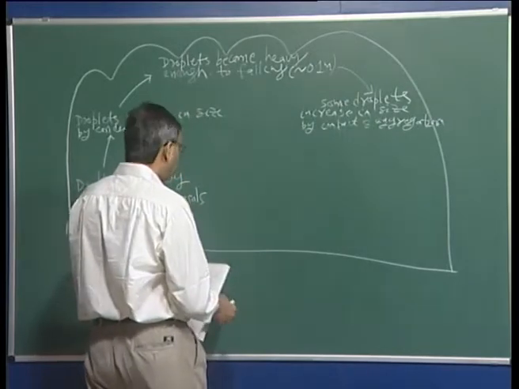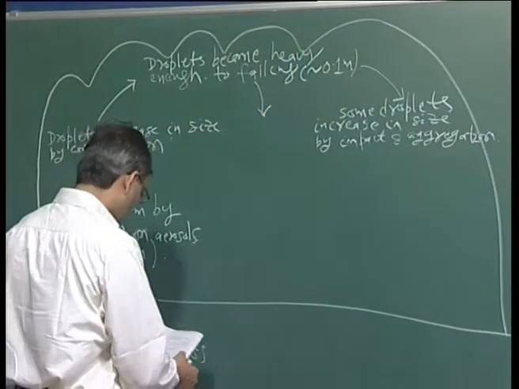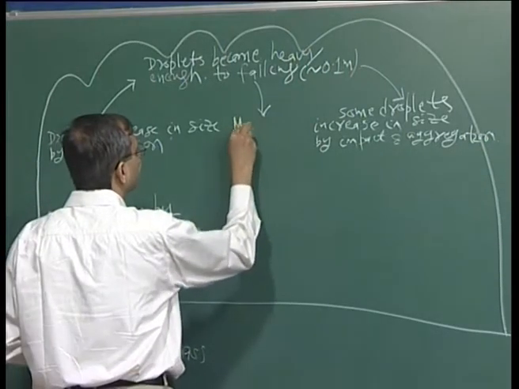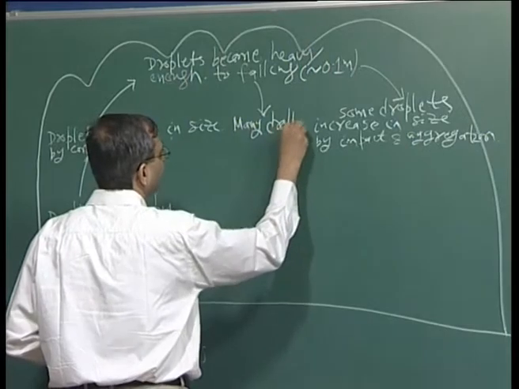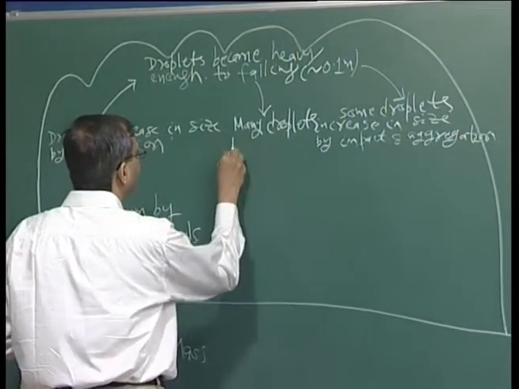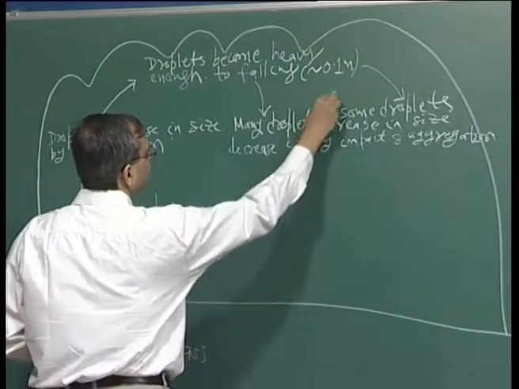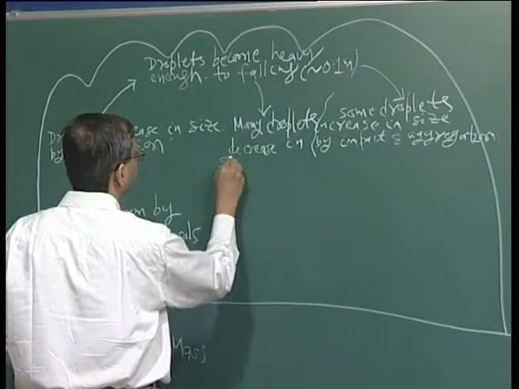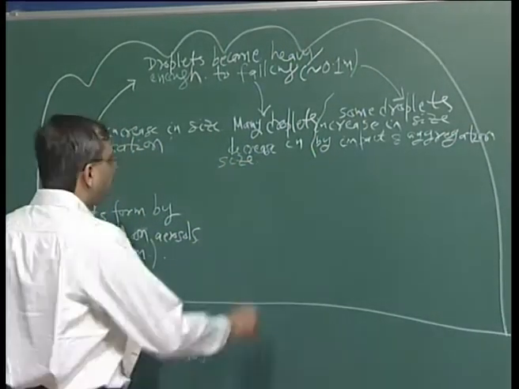From here, what may happen to some of them is that many droplets may in fact decrease in size. This is different. They may decrease in size. How?